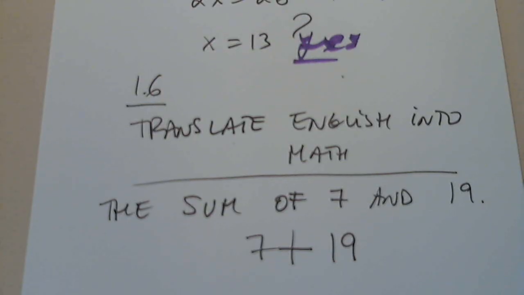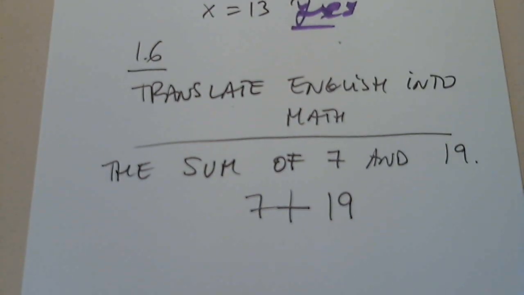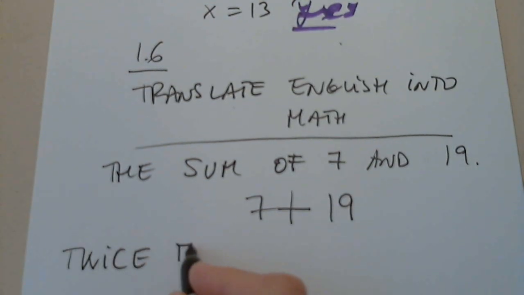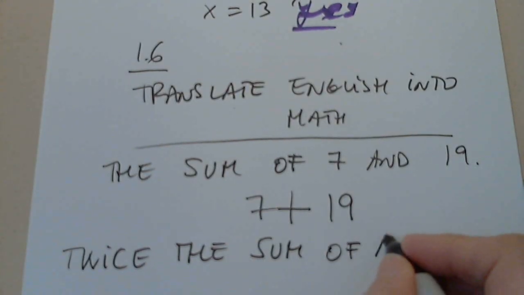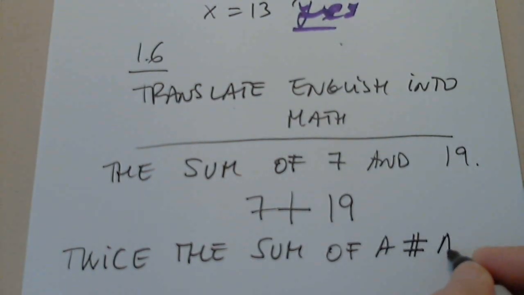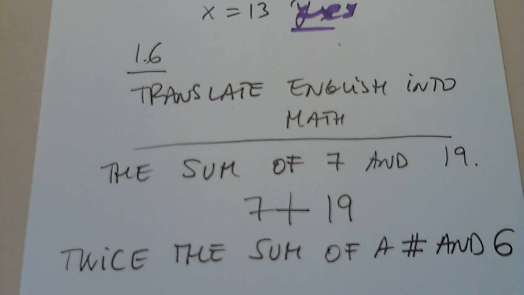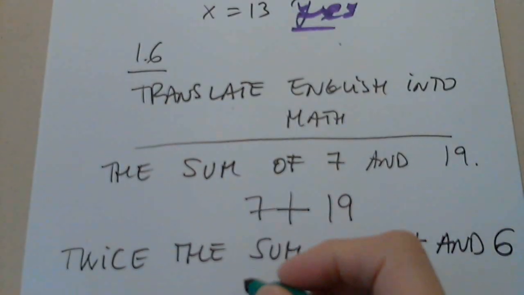Good. Okay, how will I translate twice the sum of a number and 6? Let's start here.